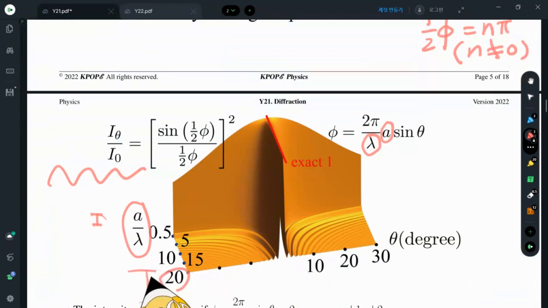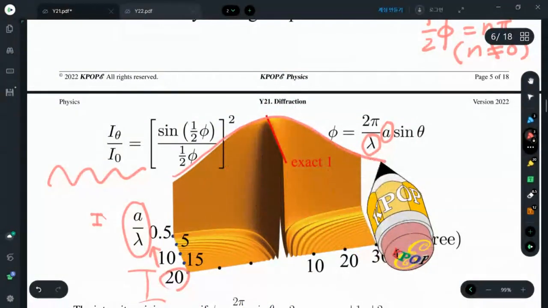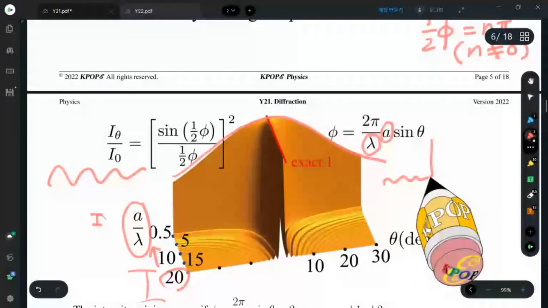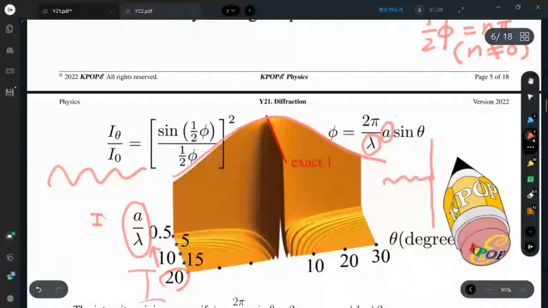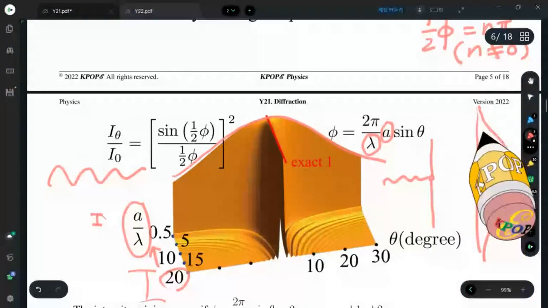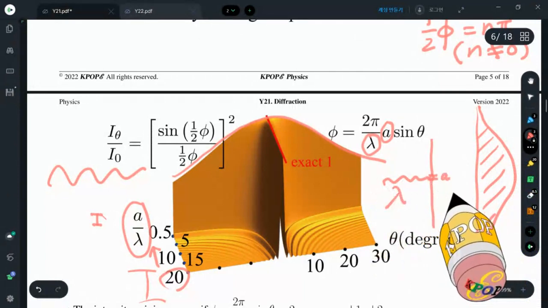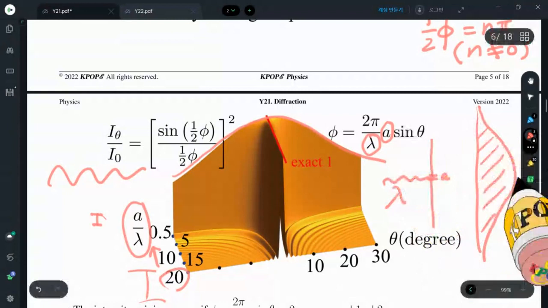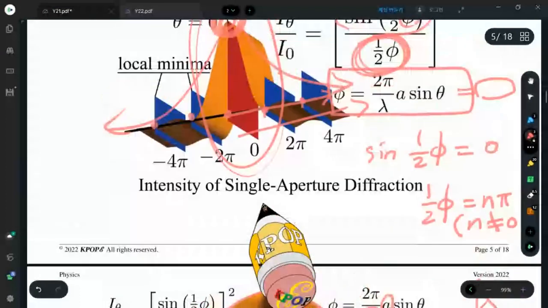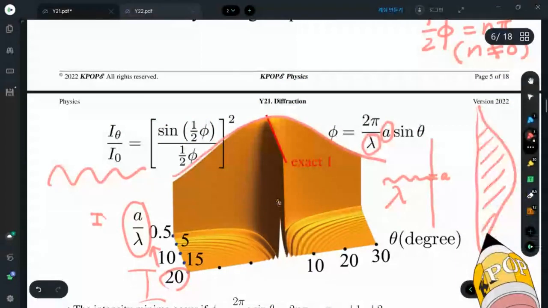As you can see, as aperture becomes tiny, the diffraction pattern is very broad. So light wave passing through a very tiny aperture, its brightness is very broadly distributed. So wavelength is fixed and A is very tiny. Your fringe is just a single fringe. This central part is magnified to a wide range.